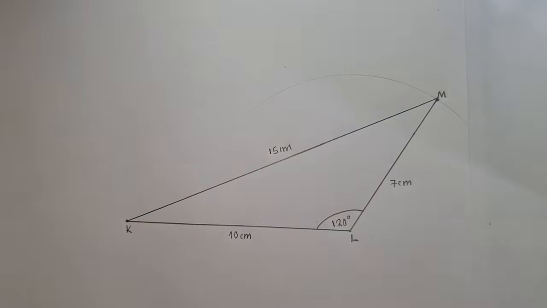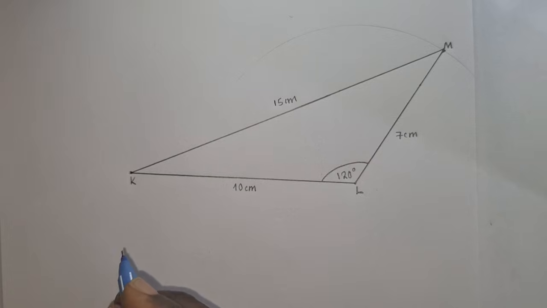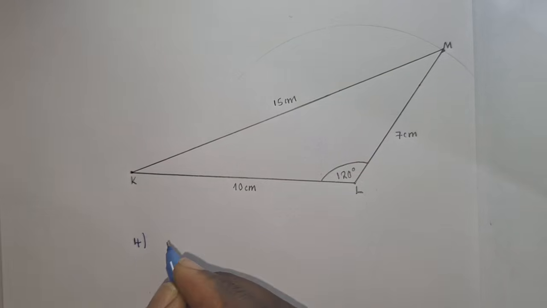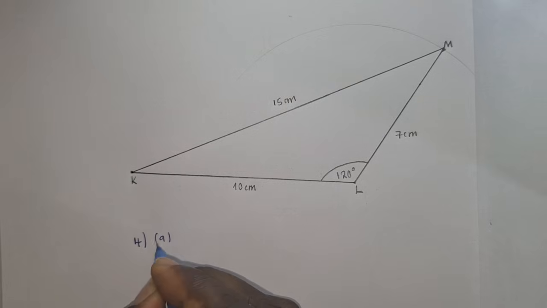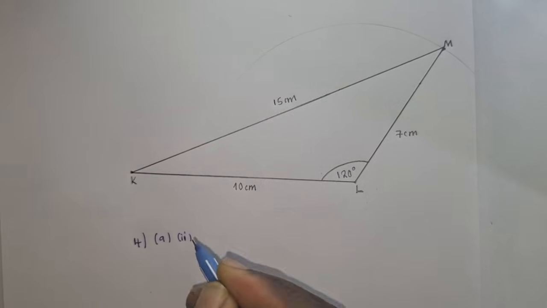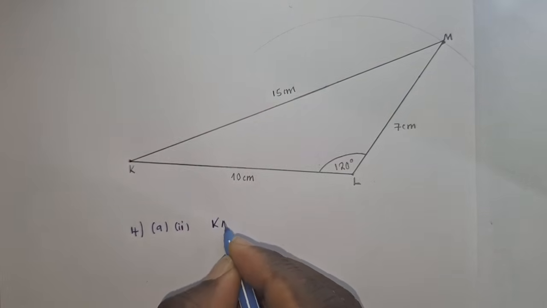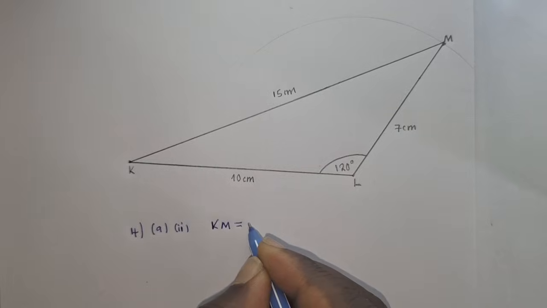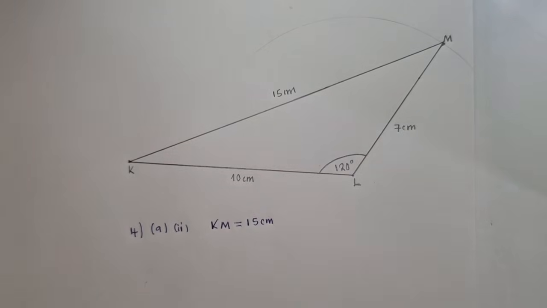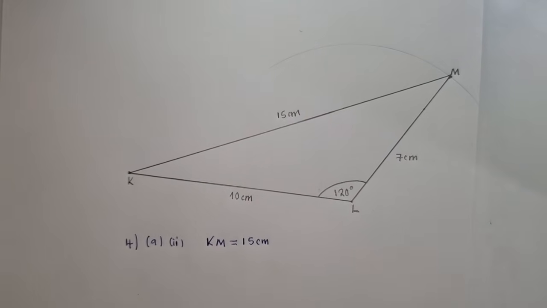So now to answer this question, because it's a separate question, you indicate that this is question 2. So this is KM is equal to 15 centimeters. Just like that. So you must write it that way, that it's 15 centimeters.